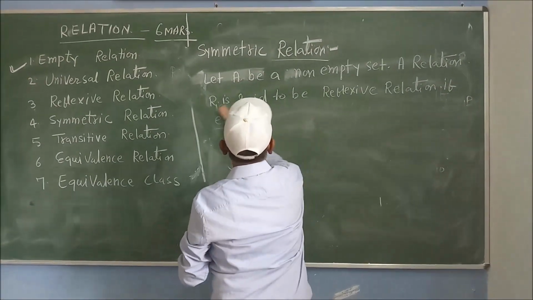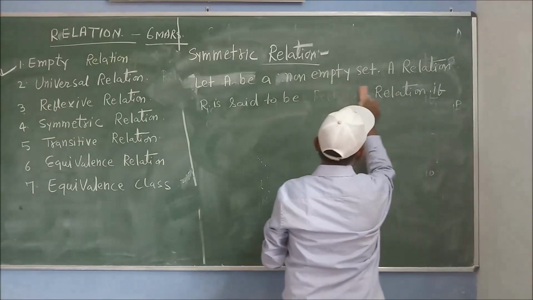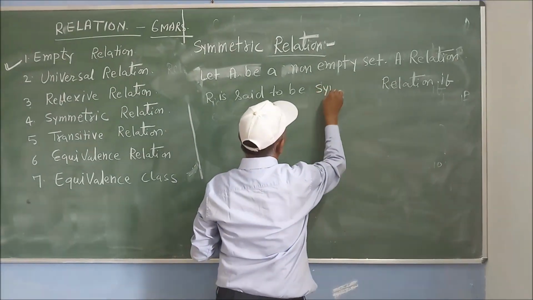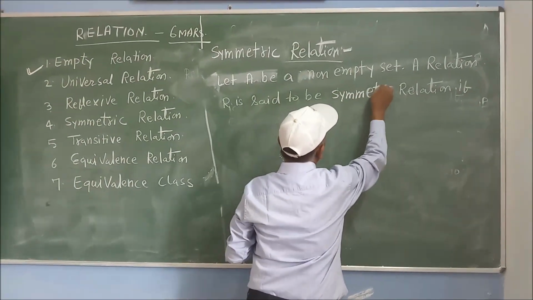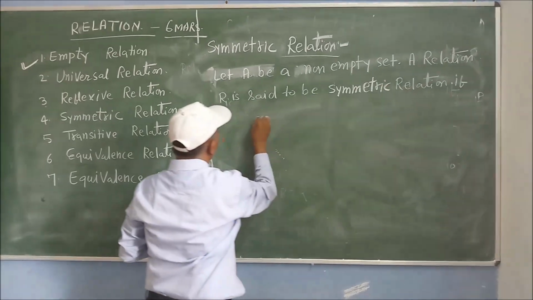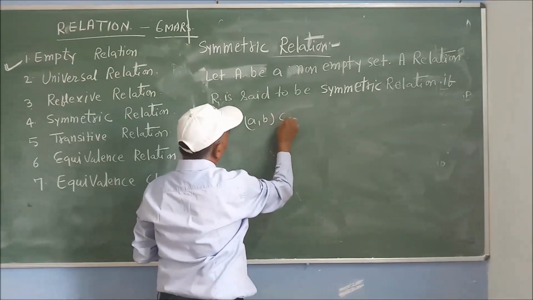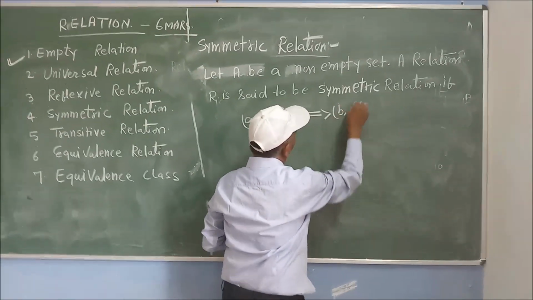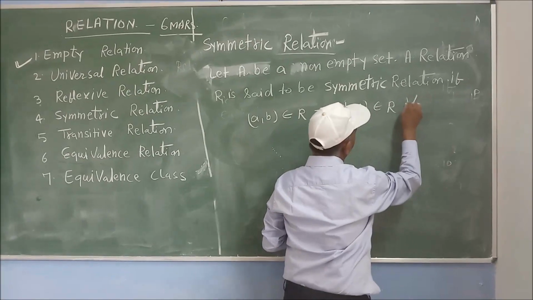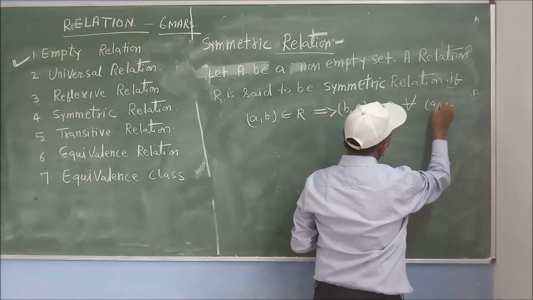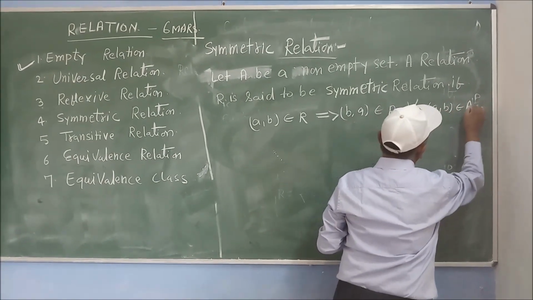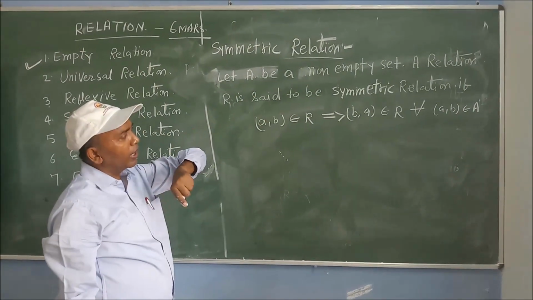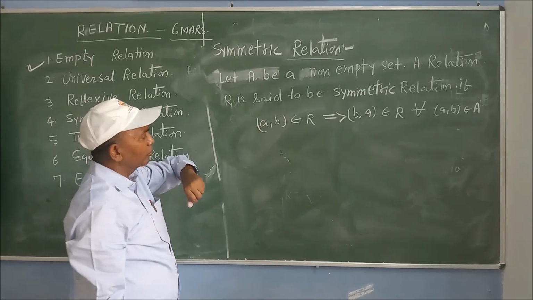We say a relation R is said to be a symmetric relation if (a, b) belongs to R implies (b, a) belongs to R for all a, b belongs to A. (a, b) belongs to R implies (b, a) belongs to R for all a, b belongs to A.